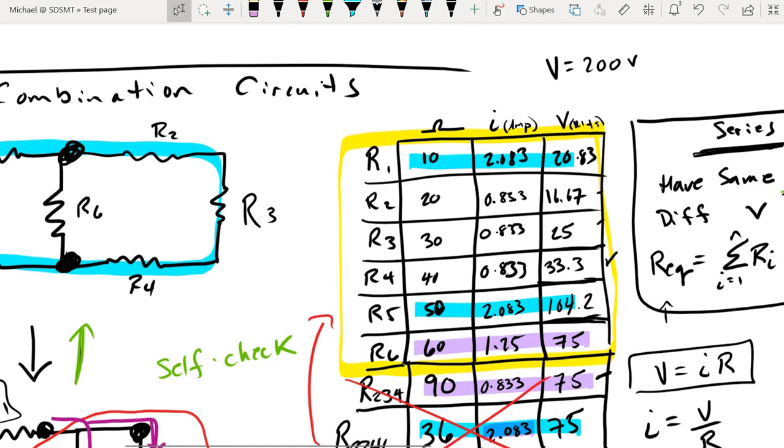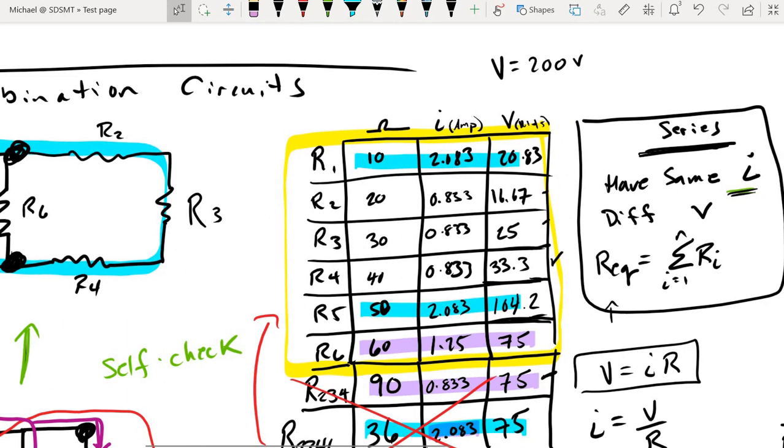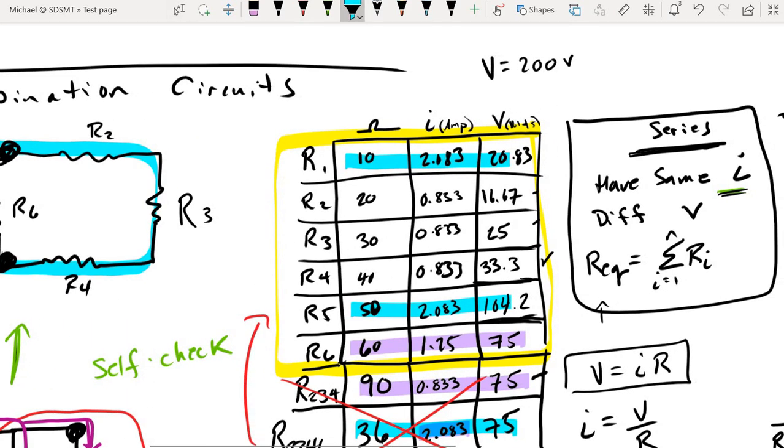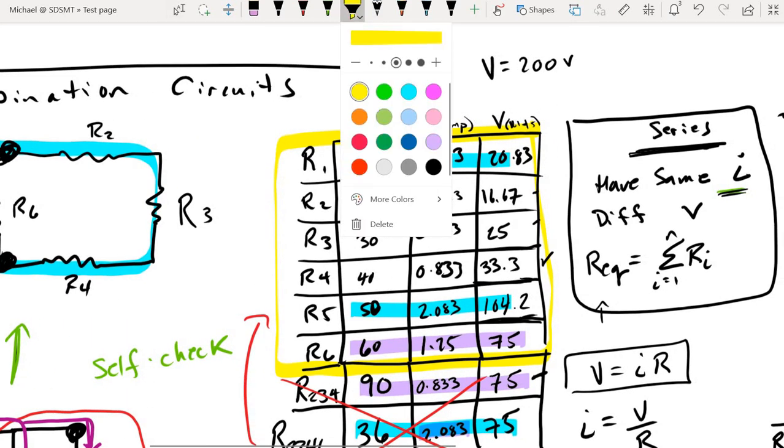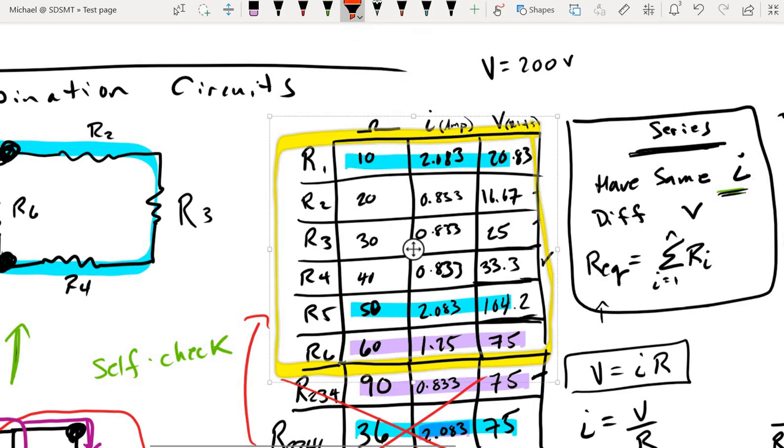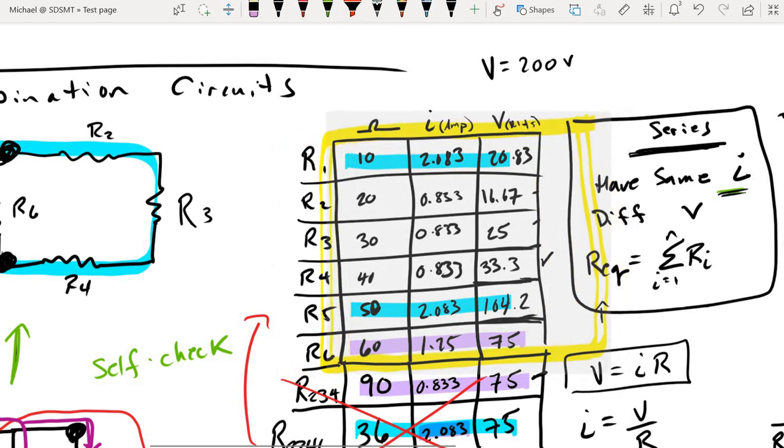So we go check all the voltage values. What do we have? Let's see, let's try red for this. We have resistor 1. Oops. Why is that moving things around? That's not what I want. That didn't work out well.